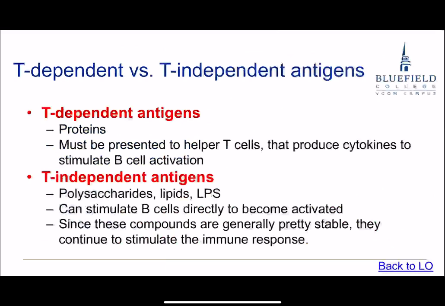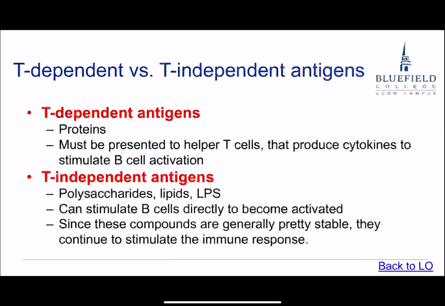B cells can directly bind polysaccharides, lipids, endotoxin, and activate themselves. Those are called T-independent antigens. They help stimulate the B cell even without T cell help.